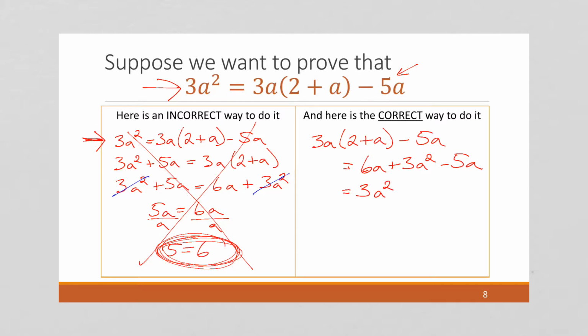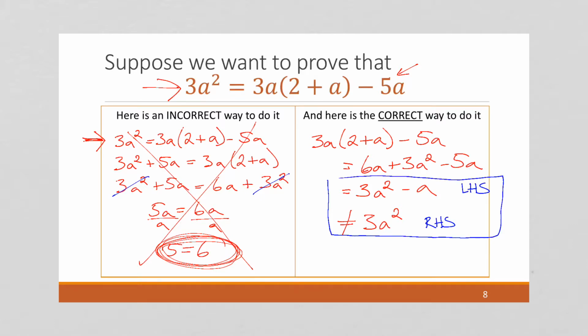So 6a minus 5a is a, but this is not equal to 3a squared, which, if you recall, was the left-hand side, and we've simplified the right-hand side. So these aren't equal. What we've done is we've, in fact, shown that they are not equal, that this statement is not correct, which indeed it's not.